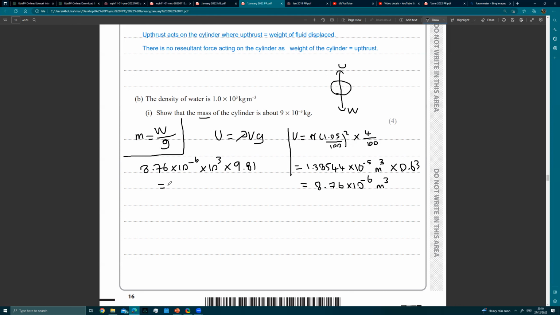You're going to divide by 9.81 anyway, so it's really just 8.76 times 10 to the -6 times 10 to the power of 3. 8.76 times 10 to the power of -3, very well done.